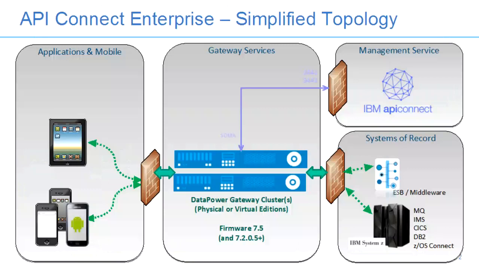These gateways are hosted on physical or virtual DataPower appliances. They communicate with management services, or the management nodes like we used to call them, through the same communication needs, either pulling configuration data through port 3 of the management services, or pushing analytics information on port 9443.